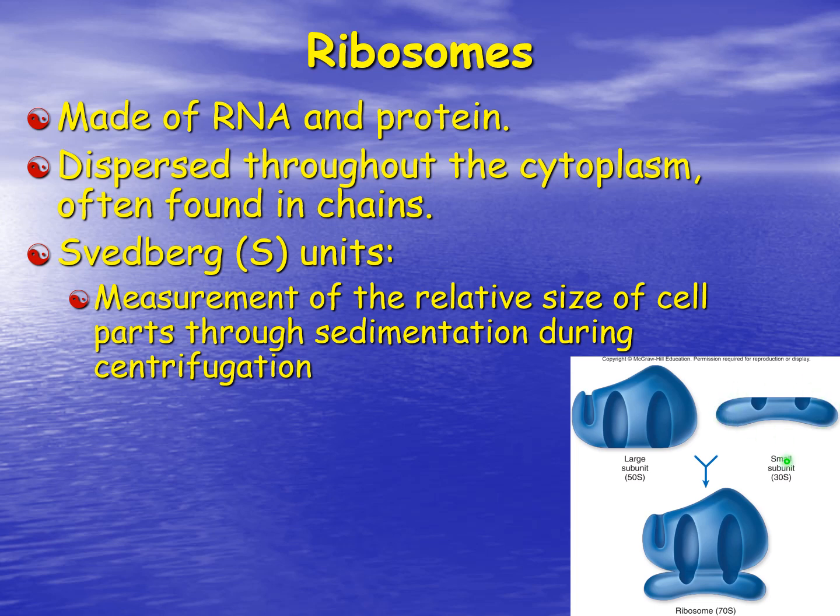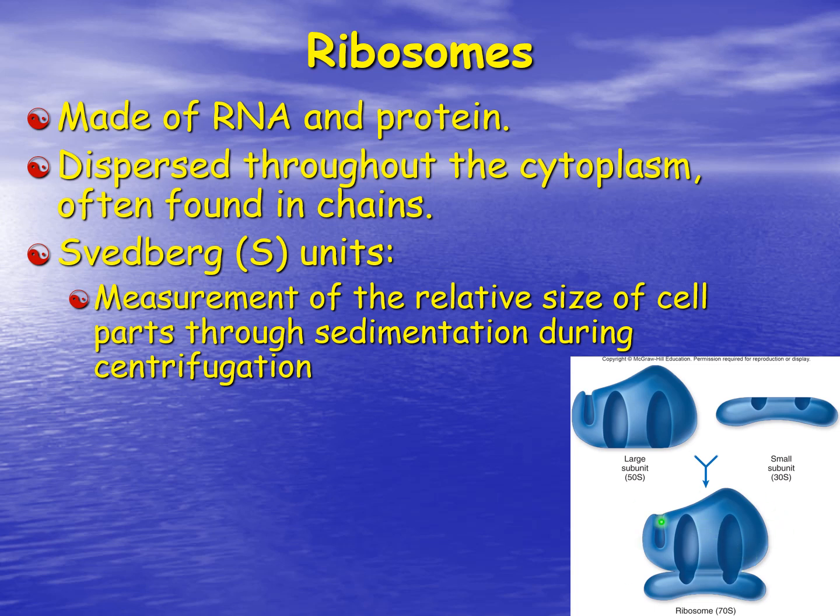When we get ready to make protein, the small and large subunits come together to form the ribosome, which in prokaryotic cells is called a 70S ribosome. Yes, I know, 50 and 30 do not add up to 70, but think of it this way: when the large and small subunits come together, they slam together and they lose 10 pounds.